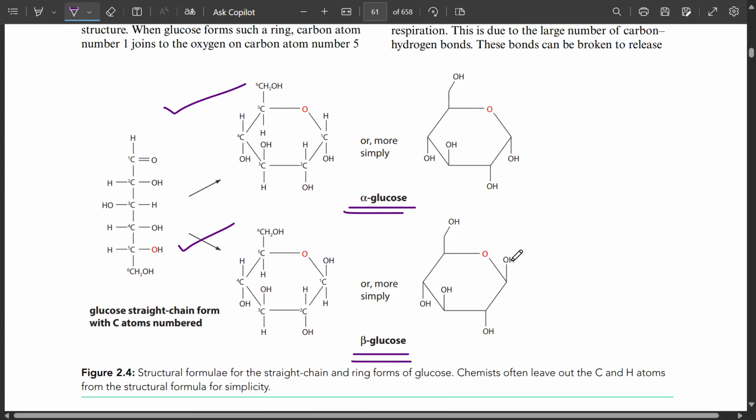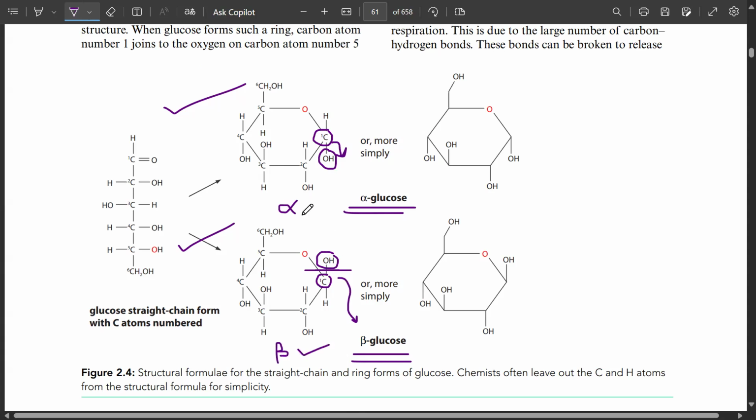The carbon number 1, OH, is above the plane in beta glucose, whereas in alpha glucose, carbon number 1, OH, is below the plane. Got it? Exactly. So in alpha glucose, it's below the plane. In beta glucose, it's above the plane. So this is known as the alpha glucose and this is known as beta glucose.